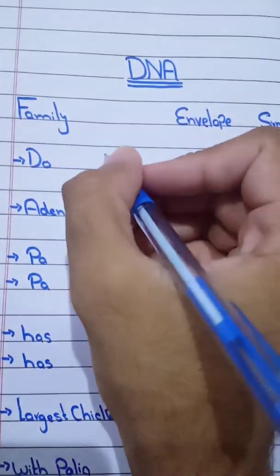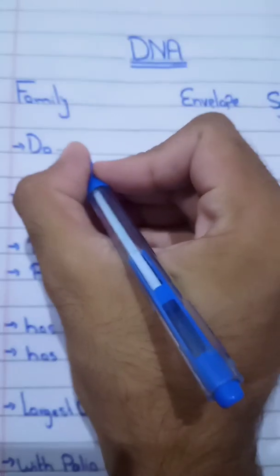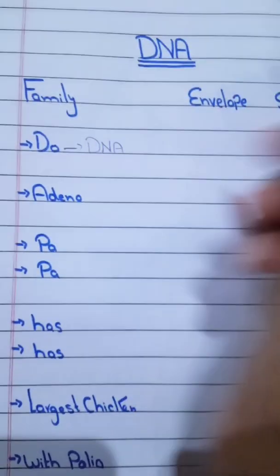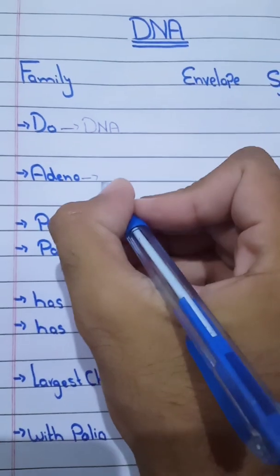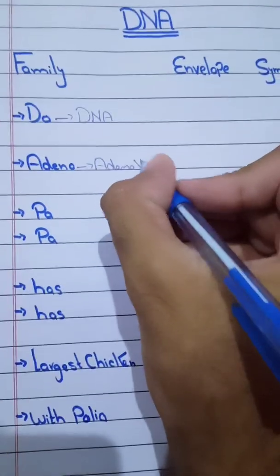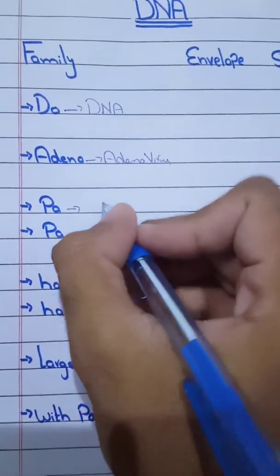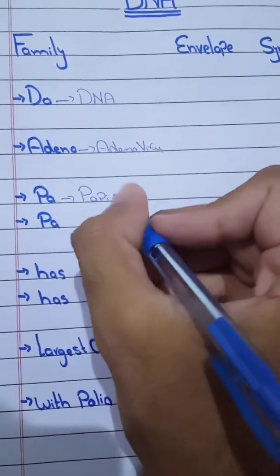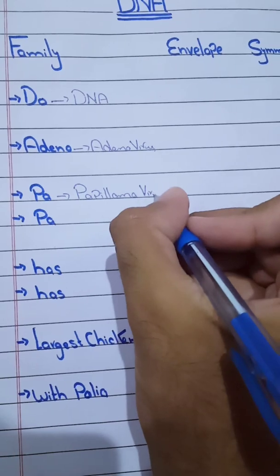The first one is from the Do. From the Do you will remember DNA viruses, right? These all are the DNA viruses we are talking about. From the adeno you remember adenovirus family. From the PA you will remember papilloma virus, right?